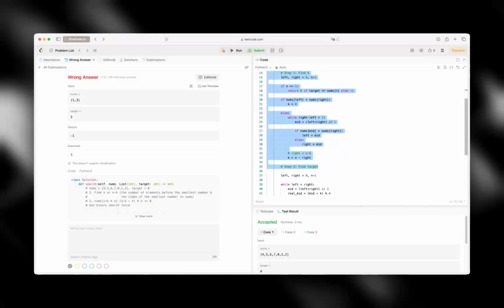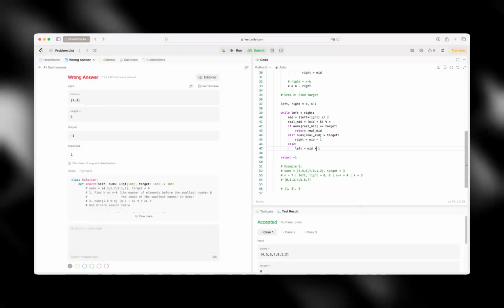So this is not the one normally that is leading to this error, but this one. We have 2. We divide it by 2. So it is 1. So 0, 1. And 1 modulo n plus 0.